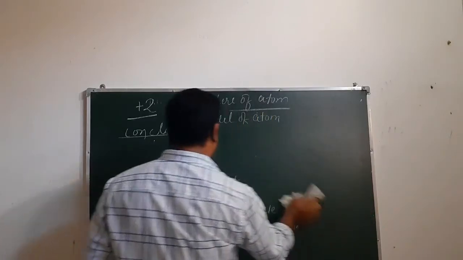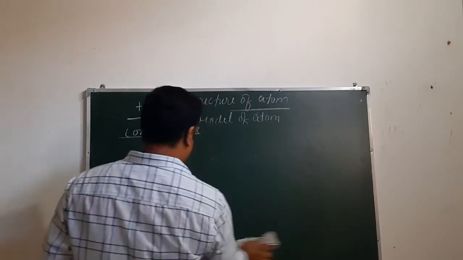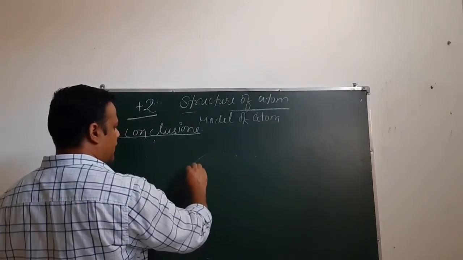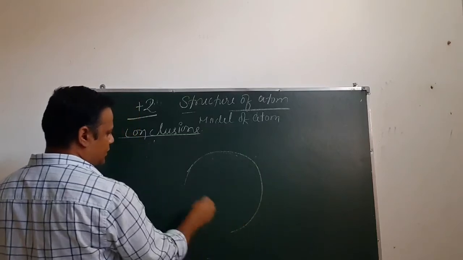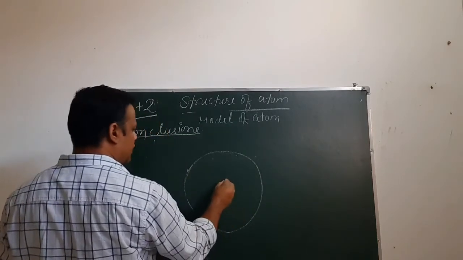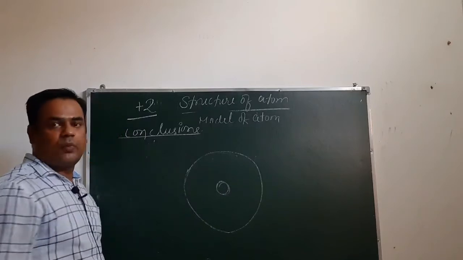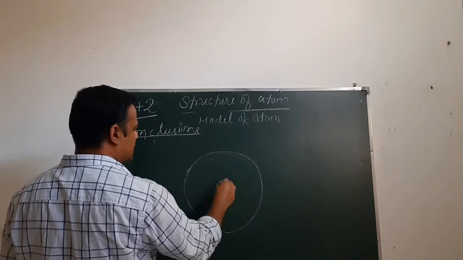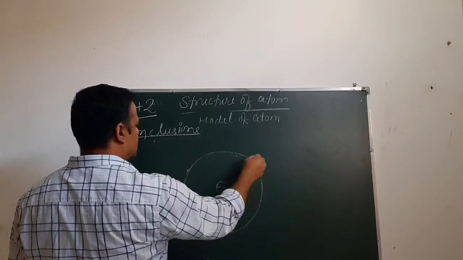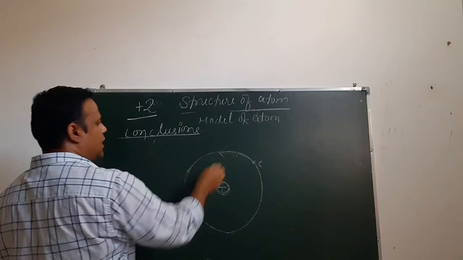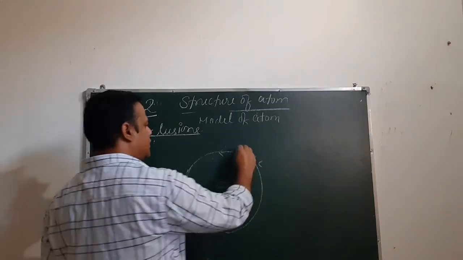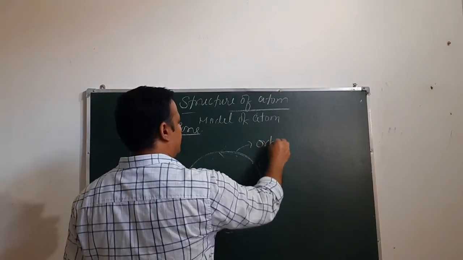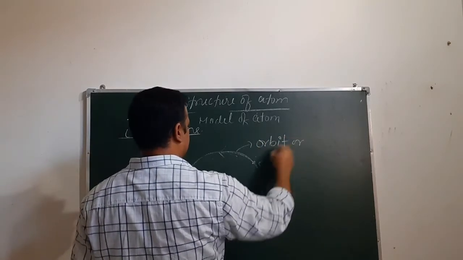He described the atom like this: at the center there is a nucleus which is positively charged, and around this positive charge electrons revolve, and these circular paths on which electrons revolve are known as orbits or shells.